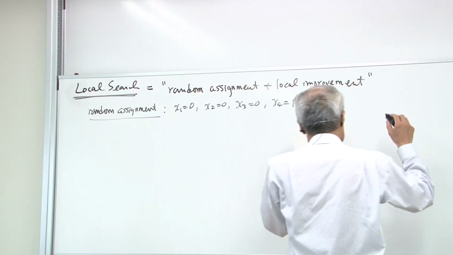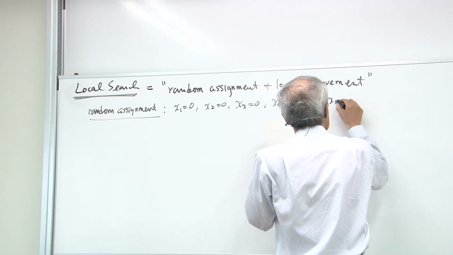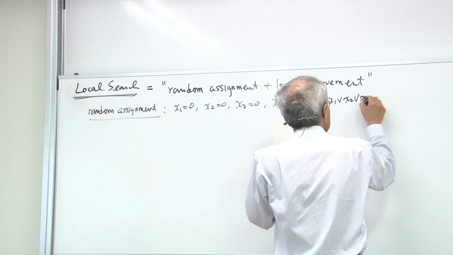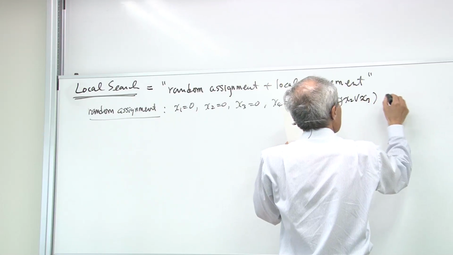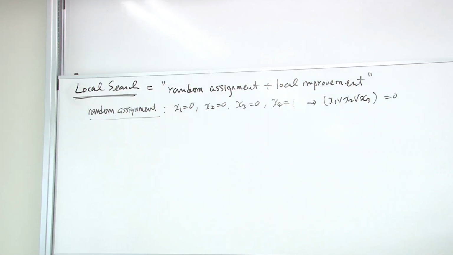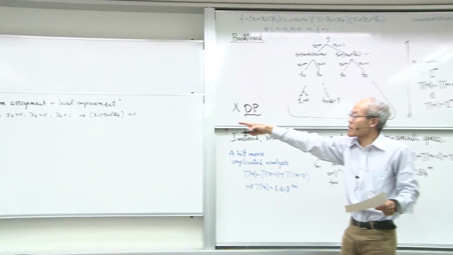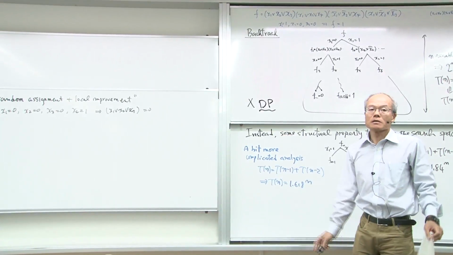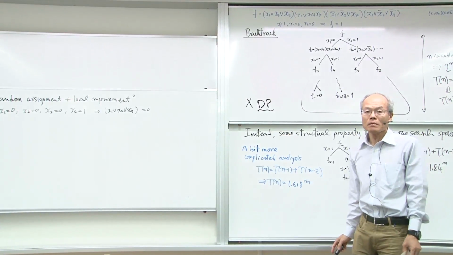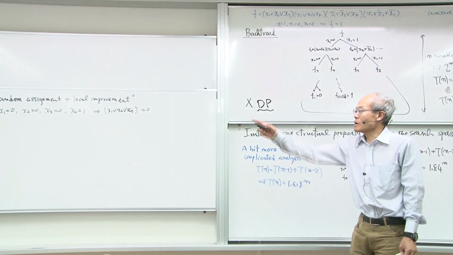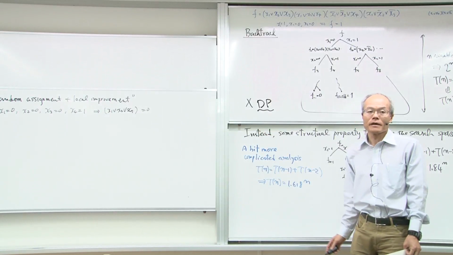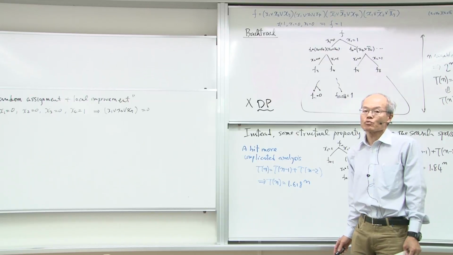Then okay, x1, x2, x3 becomes false. The first clause, x1, x2, x3, all positive, then against that assignment, that clause becomes 0. That means that that assignment is not a satisfying assignment. That is not correct one.